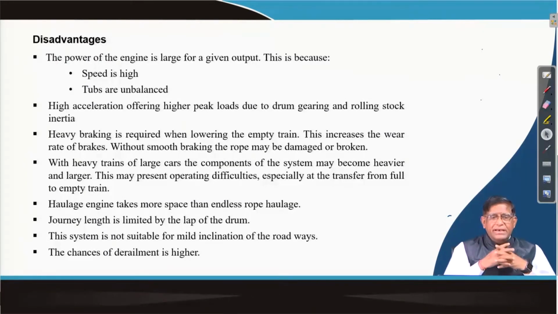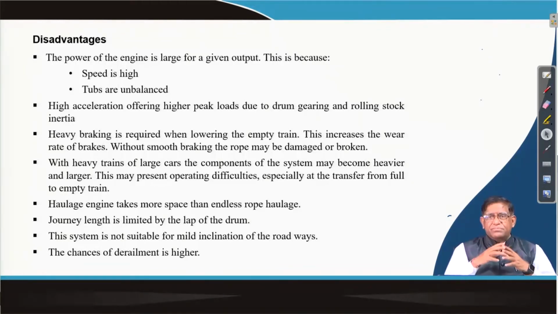The main disadvantage is that the power of the engine is large for a given output; a lot of power is consumed. Then there is high acceleration, offering higher peak loads, that is, in the underground electricity supply the peak load goes higher. Then heavy braking is required, because when the tubs go down a steep incline they would otherwise speed up.